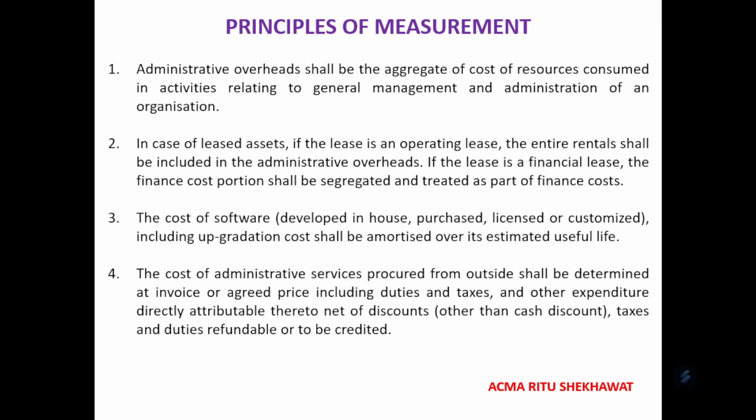First, all the risks and rewards are transferred. Like if B has taken an asset on lease from A and all the risks and rewards belong to B, then it is clearly a finance lease. That is the first point.